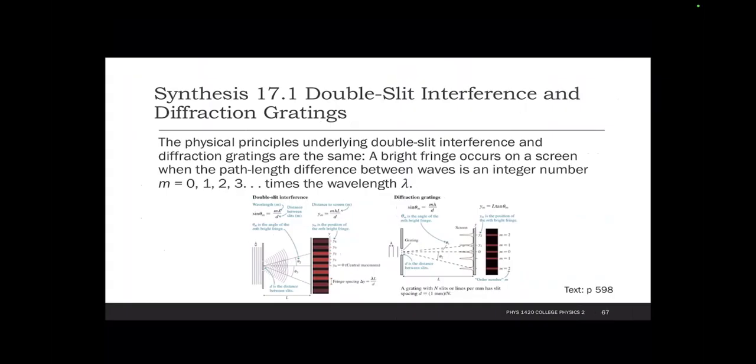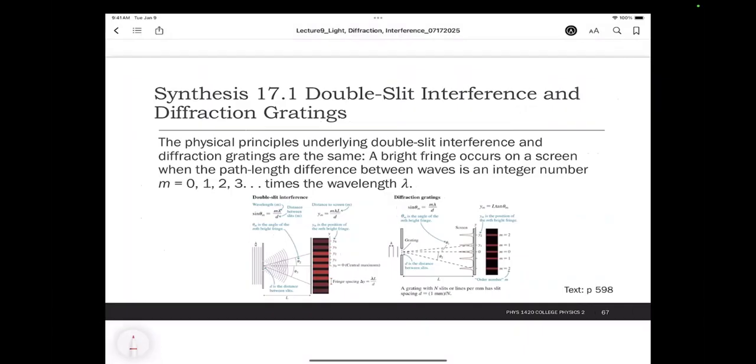You can see those two are actually the same thing for the equation. A bright fringe occurs on a screen when the path length difference between waves is an integer number, m equals 0, 1, 2, 3, times the wavelength.